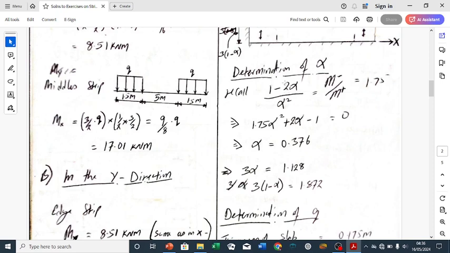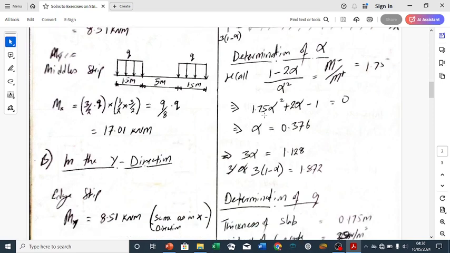That means you can equate 1 minus 2 alpha all over alpha squared to 1.75. If you rearrange it, it will give you this quadratic equation: 1.75 alpha squared plus 2 alpha minus 1 equals 0. This is derived from this equation. You go ahead and solve your quadratic equation with whatever method you're comfortable with. When you solve, take note that because it is a quadratic equation, you're going to have two values.